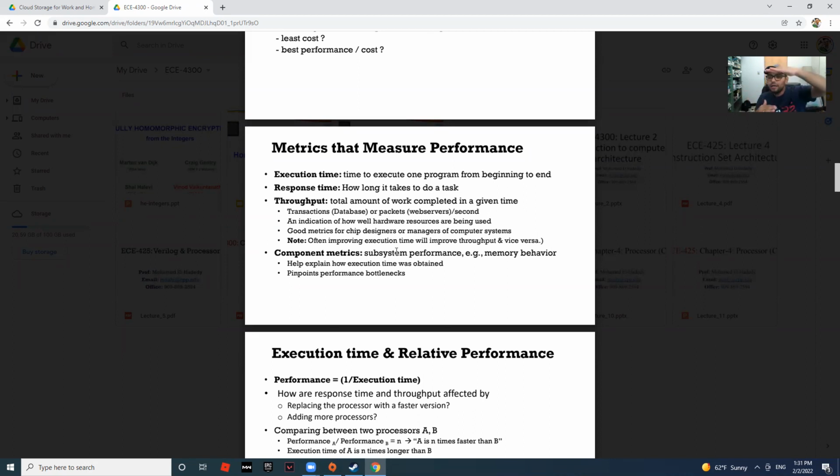Same thing. If you come to a certain location in the program and would like to know exactly how much time it takes, you take a start time and an end time, and you subtract. This is response time. So you break your program into tasks, and then calculate how much time each task takes. So you can indirectly figure out that execution time is a bunch of response times, right?